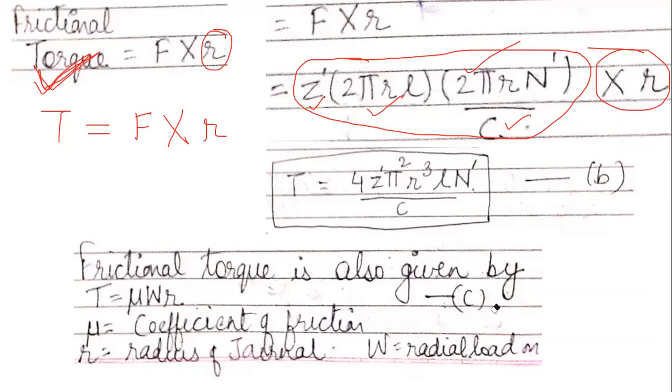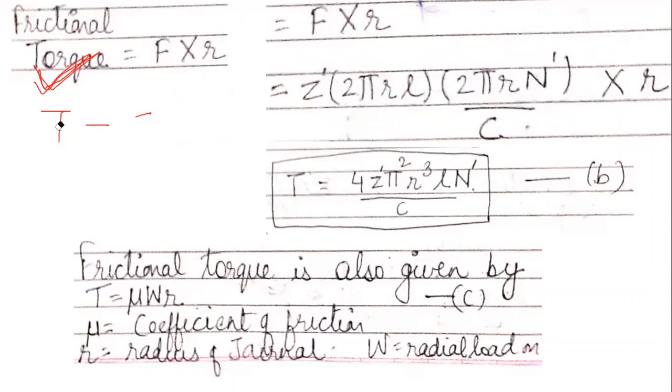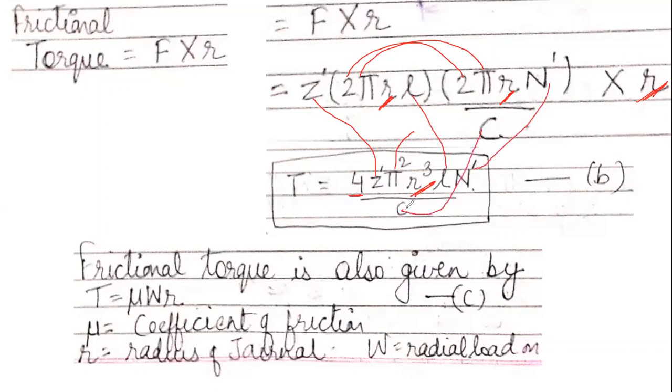Next, I'm doing the simplification. I'm just going to open the brackets. So you can see here that 2 into 2 is 4, z dash, pi into pi will be pi square, r into r into r is r cube, l n dash divided by c.